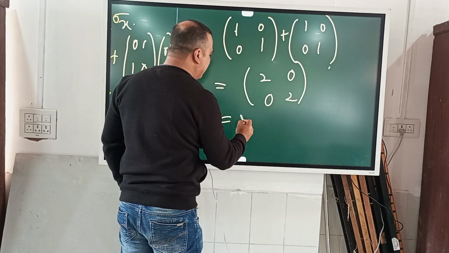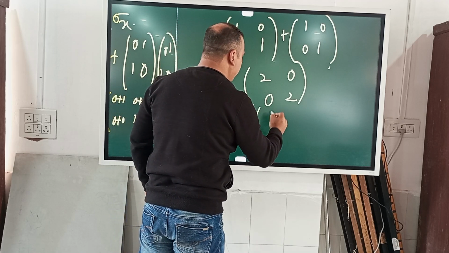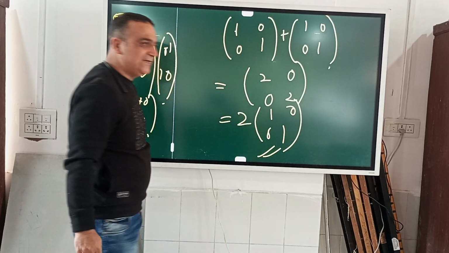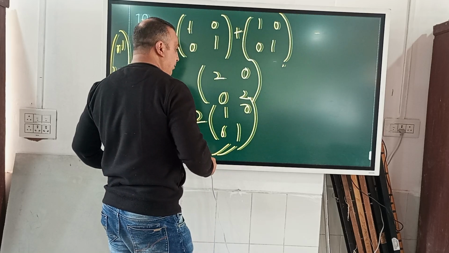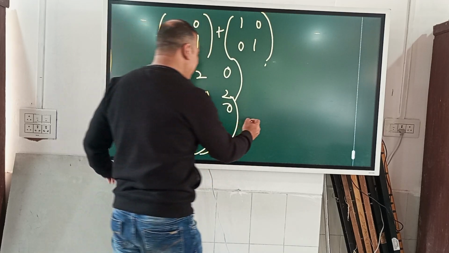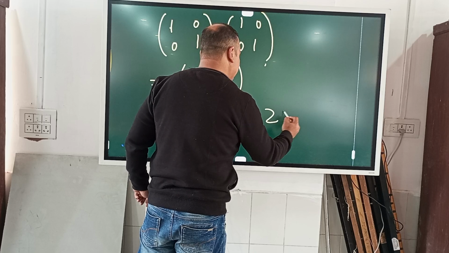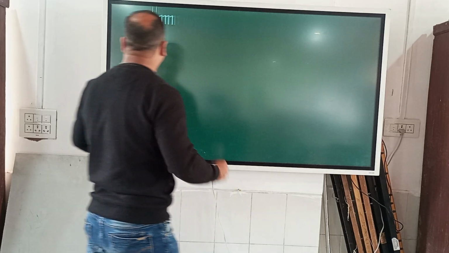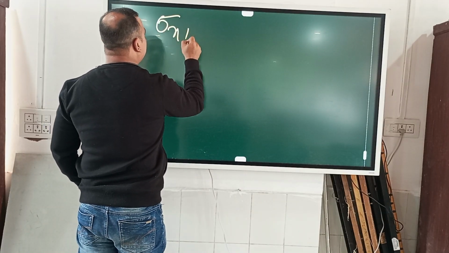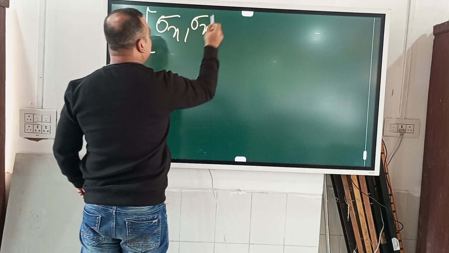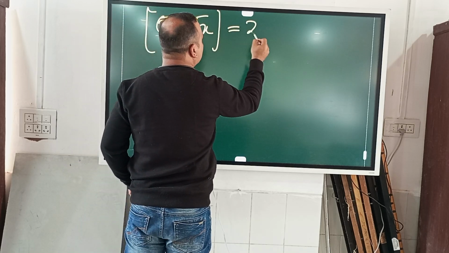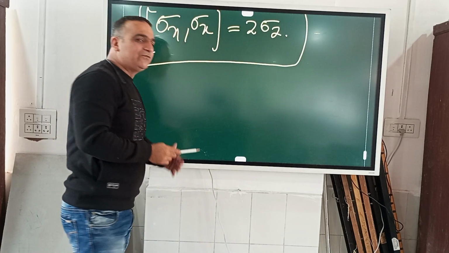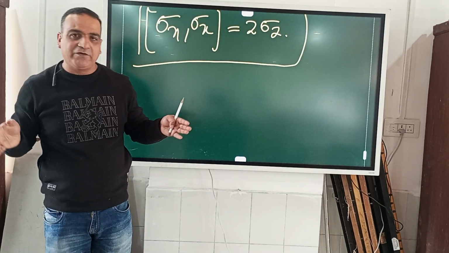And 2 can be taken out, and what will be inside is 1, 0, 0, 1. So the anti-commutation between sigma x and sigma x leads us to 2 times the identity. The same thing can be generalized as we generalized the different components of the Pauli spin matrices.